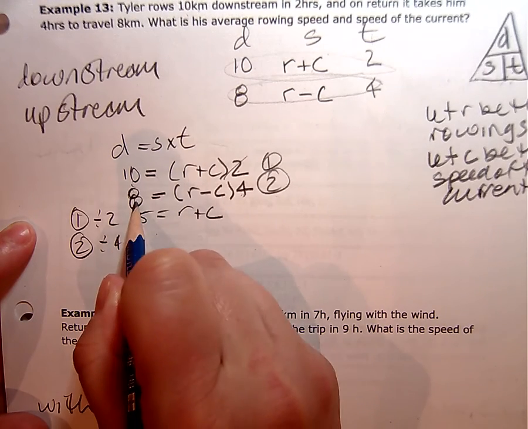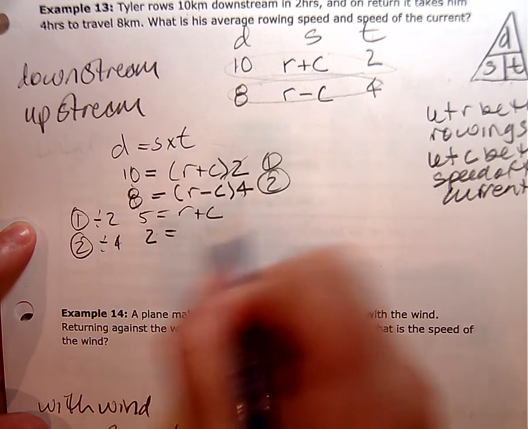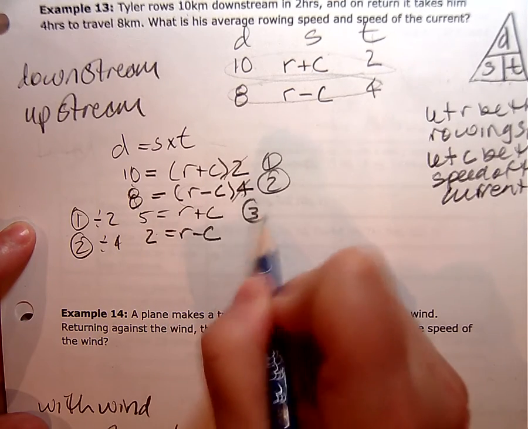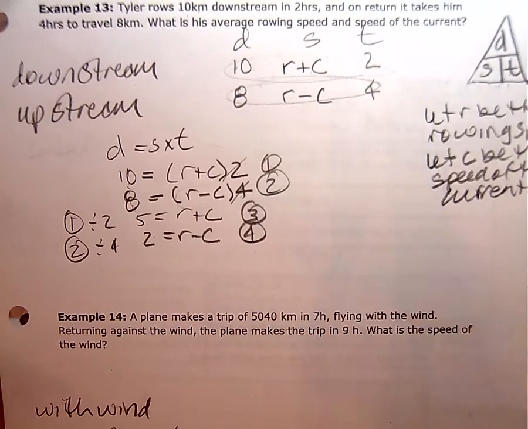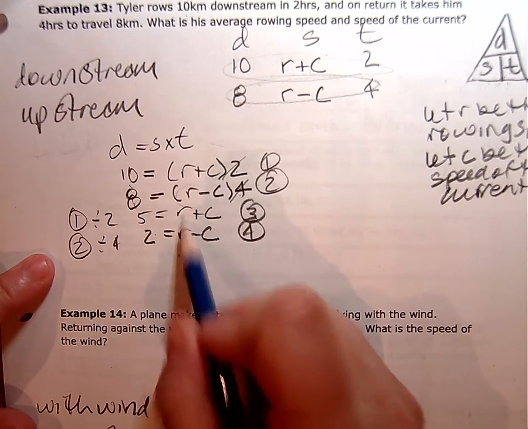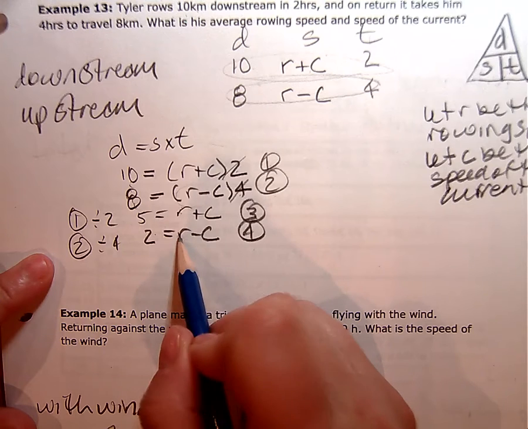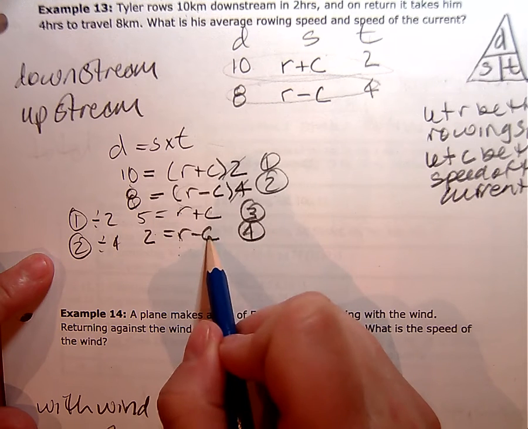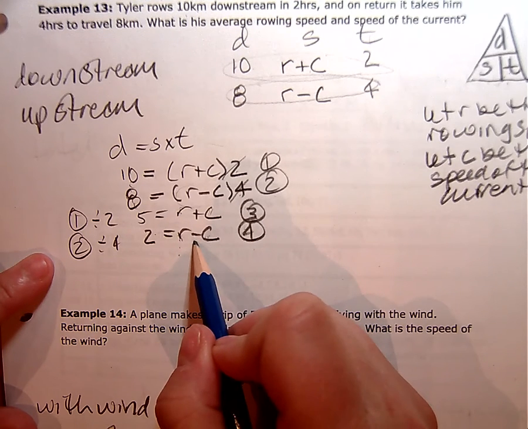So that divided by 4 is 2, and this divided by 4 is R minus C. And then you have two equations similar to what you're used to looking at. If I subtract these, I'll get rid of the R, because the signs are the same. And if I add these two equations, I'll eliminate the C because the signs are different.